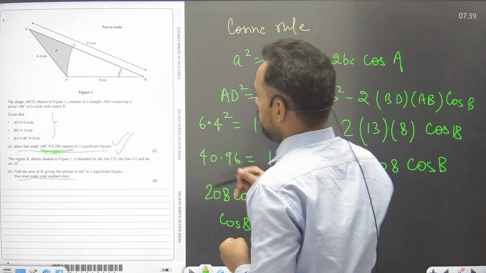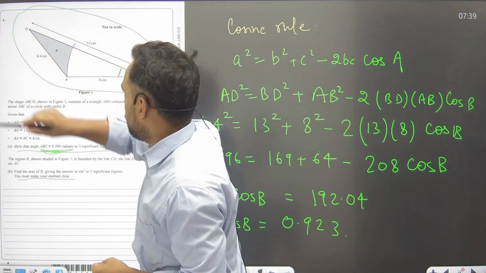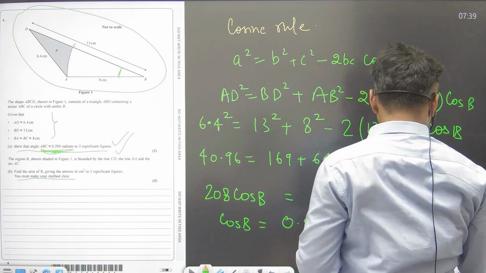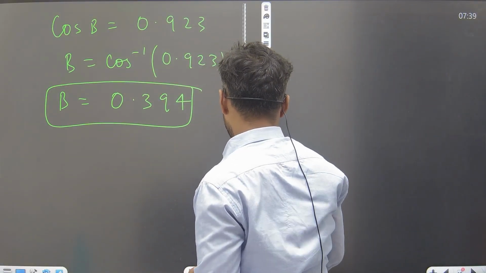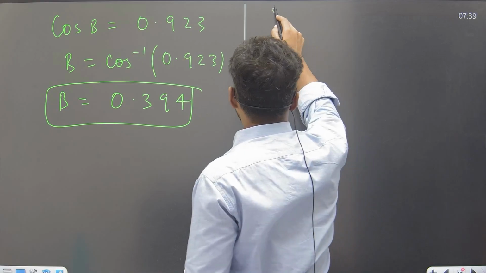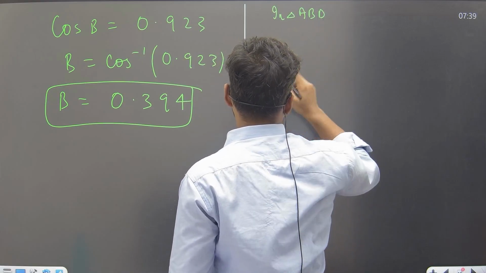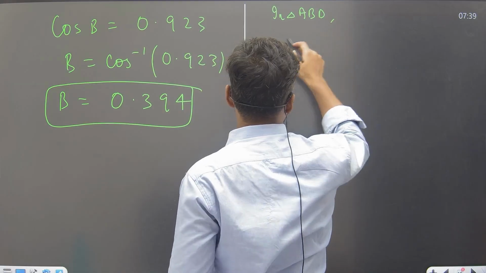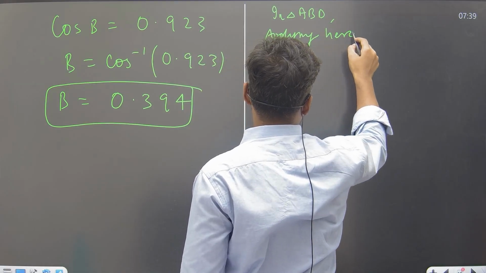So first what we need to do, see the bigger triangle students, that is ABD. So in triangle ABD, we apply Hero's formula.